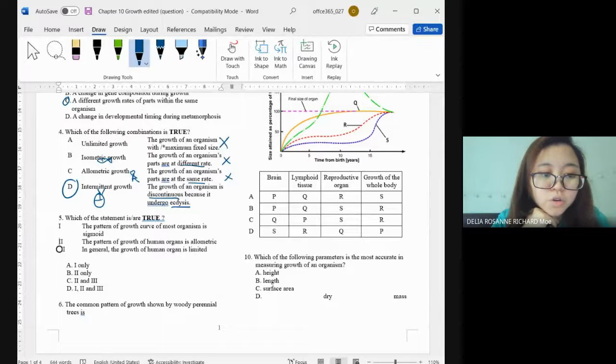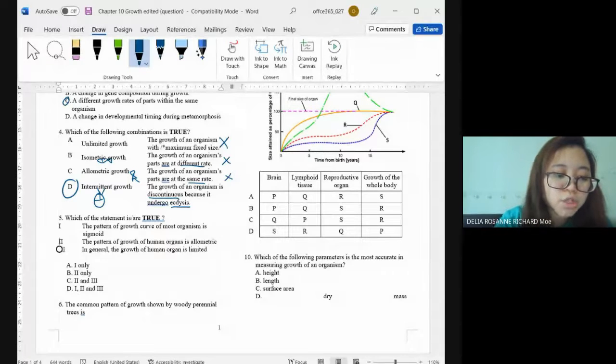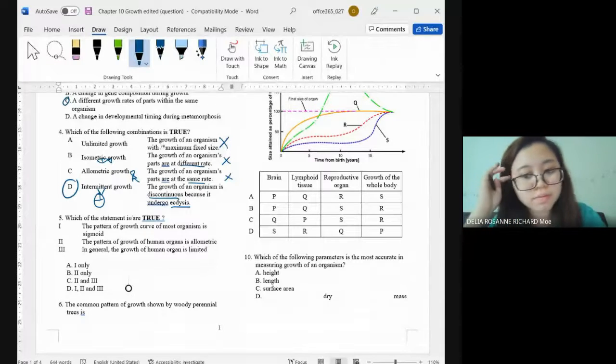Number 1, pattern of growth curve of most organisms is sigmoid. Option number 2, pattern of growth of human organs is allometric. Number 3, in general, growth of human organ is limited. Anybody want to share their answer for question number 5?